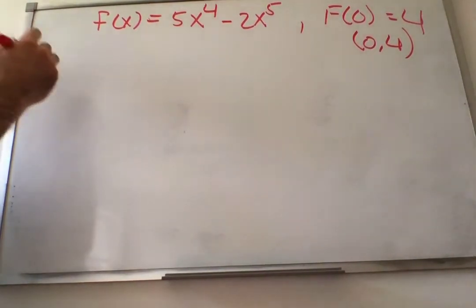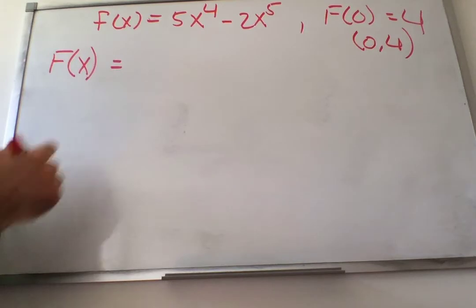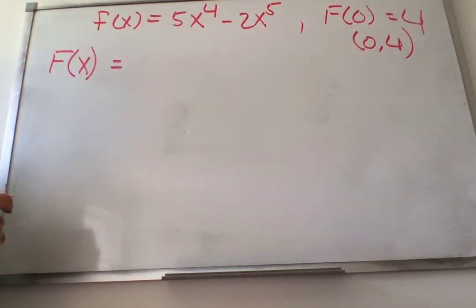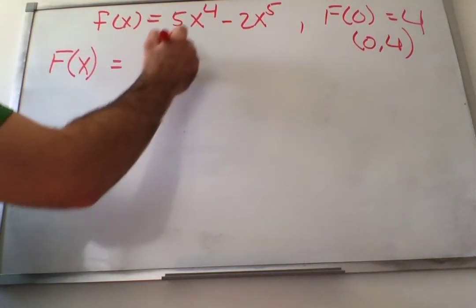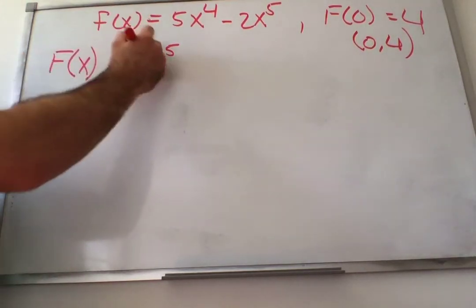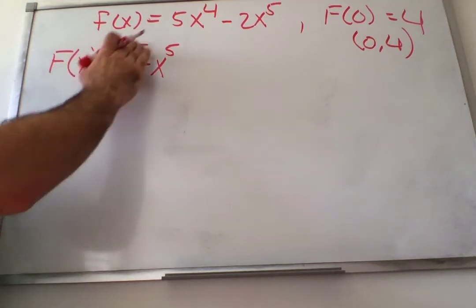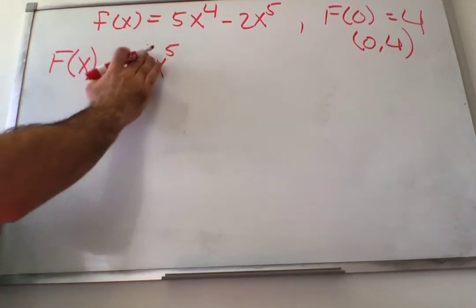So let's go ahead and find our antiderivative, big F of x. Undoing the power rule right here, I go up 1 power, 4th goes to the 5th. I divide the coefficient by this power. You get 5 over 5, which simplifies to 1.